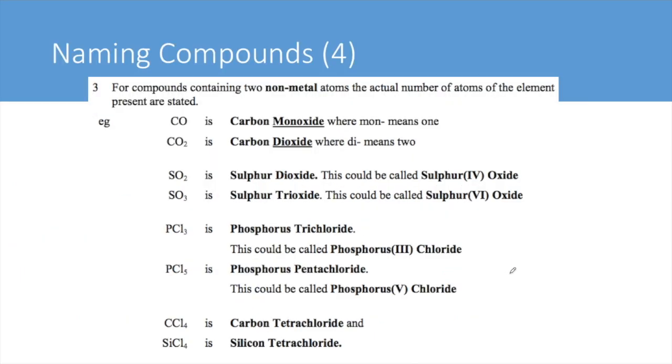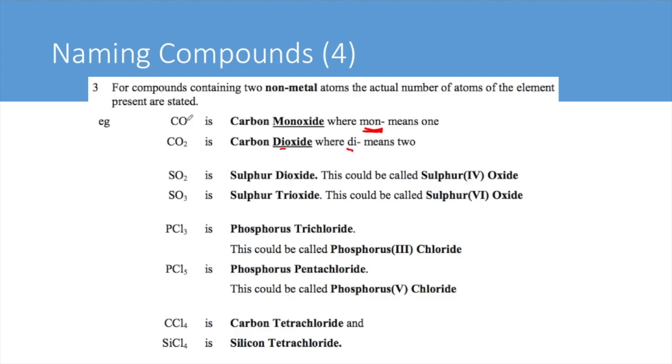Right. Next, other naming of compounds. Sometimes when you have more than one atom present, we could include a prefix that will tell us the number. Which means when you see the word mono or mon, that's referring to one atom. If you're looking at di, that means there's 2.